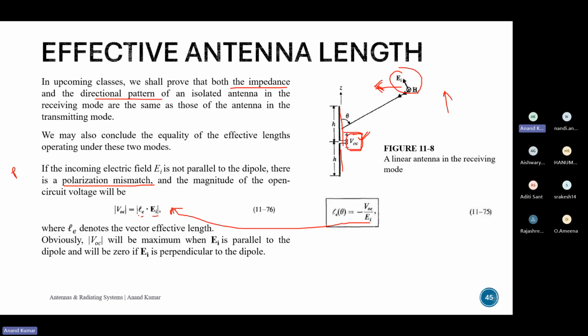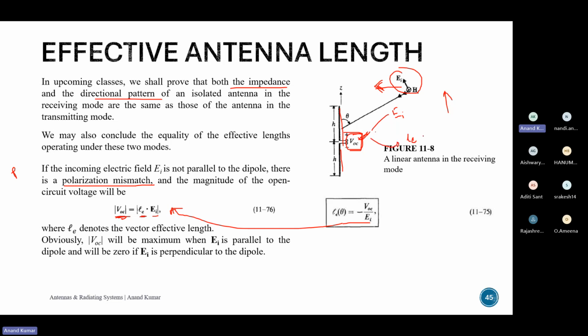Now the dot product of the effective length and the incident electric field gives the voltage which is received at the antenna terminal. So the voltage received at the antenna terminal is a function of the electric field and its orientation, and the effective length of the antenna.